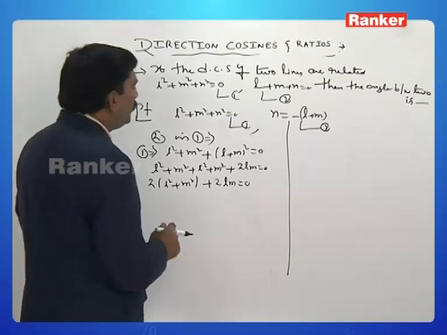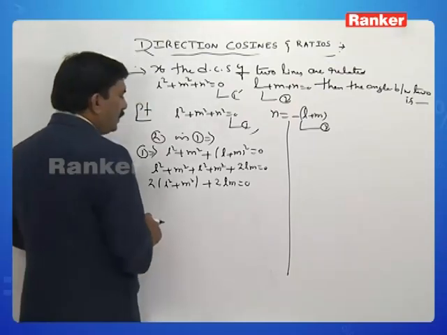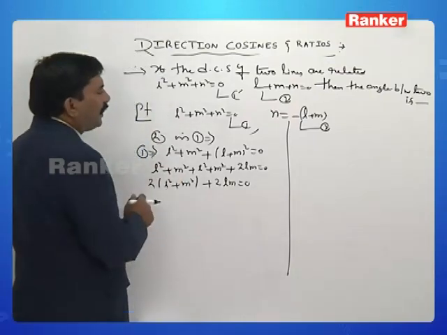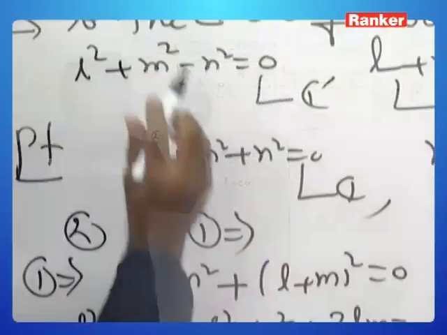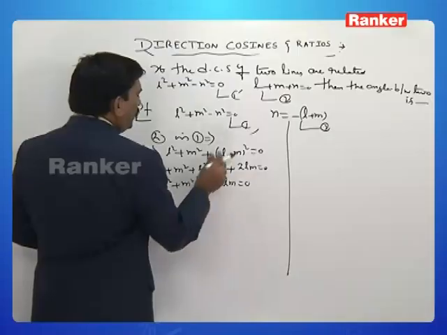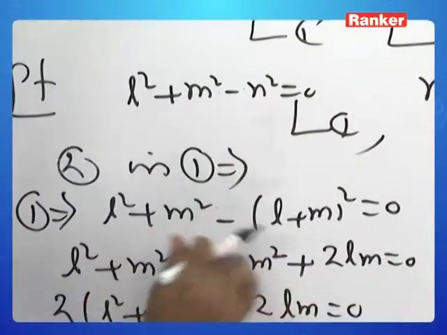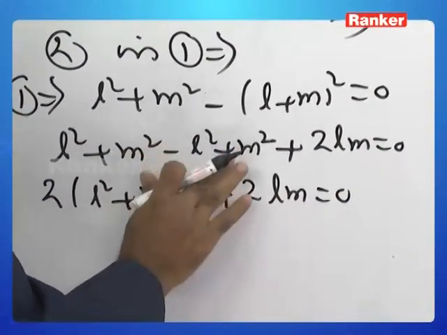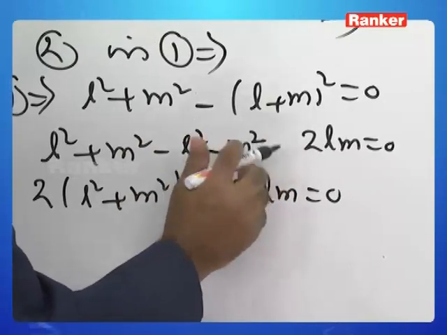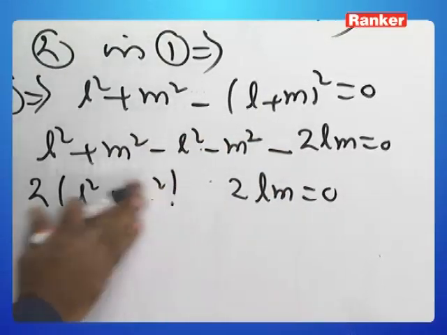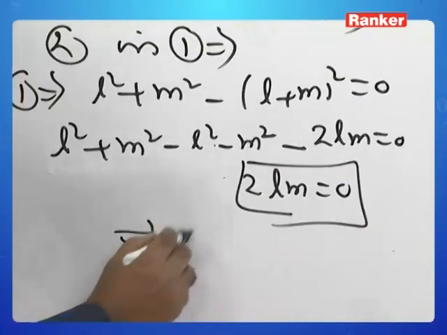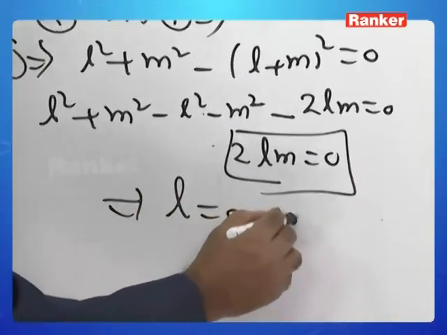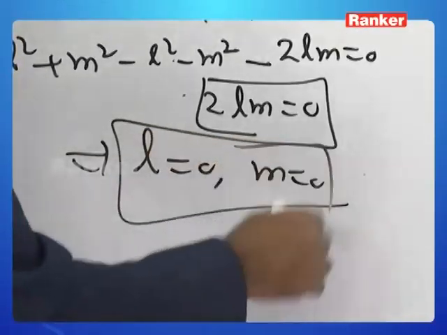So therefore, I can write 2LM is equal to 0, which implies L is equal to 0 or M is equal to 0.